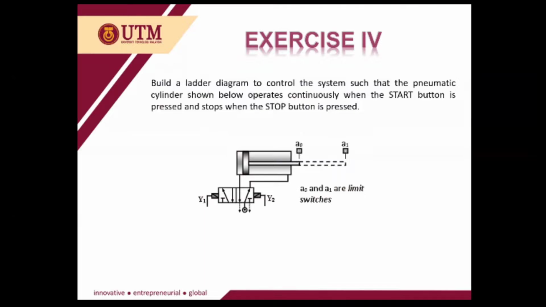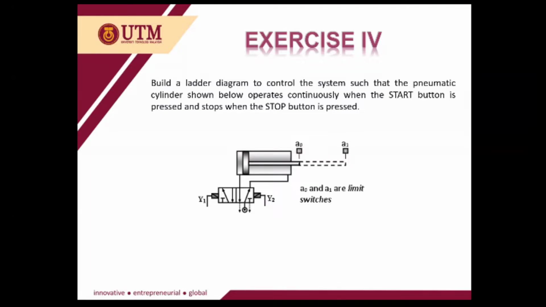Exercise 4. Build a ladder diagram to control the system such that the pneumatic cylinder shown below operates continuously when the start button is pressed and stops when the stop button is pressed. You want this cylinder to go in and out, and only stop when you press the stop button.